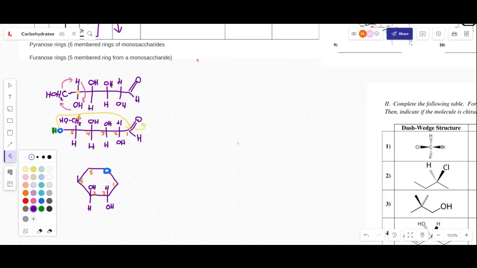For carbon number 4, likewise, the OH is in the up position, and the H is in the bottom position. Now for carbon number 5, I have an H in the bottom position, but what do I have in the top position for carbon number 5? Yeah, I have a CH2OH.